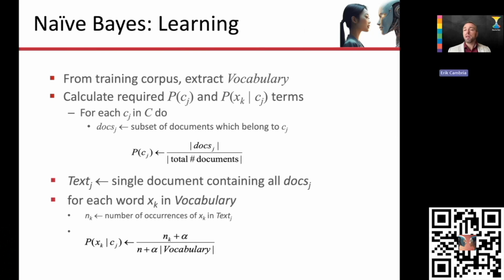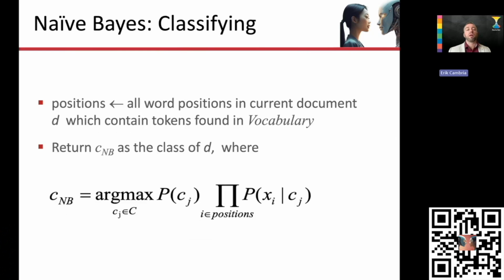So at learning phase, I'm just counting how many times words appear in the class, and then at testing phase, I just multiply those probabilities all together. So it's very fast. I just take the probabilities that I calculated earlier at training phase and multiply them all together to decide whether document D belongs or not to class C.